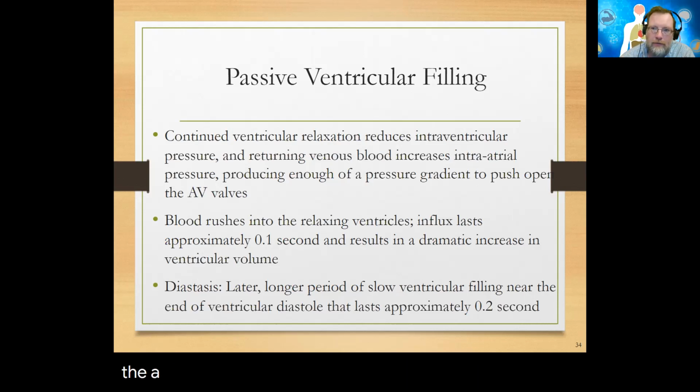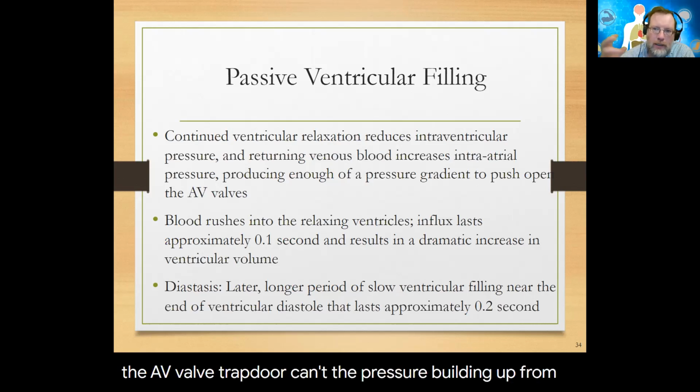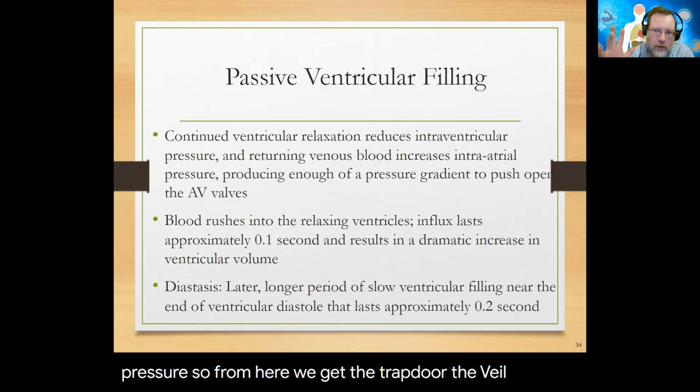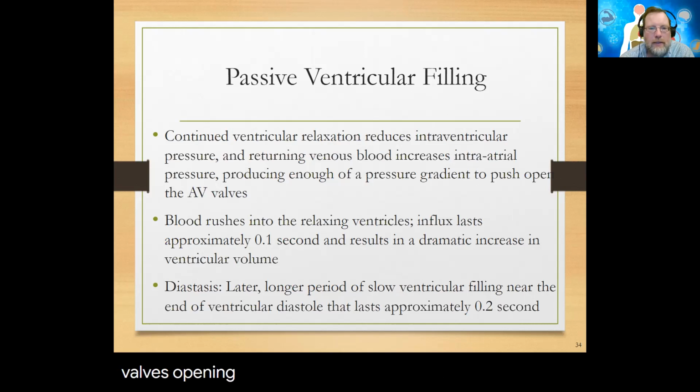The pressure building up from the blood entering the atria is higher than the pressure in the ventricles. Fluid moves from high pressure to lower pressure, so the trap door opens. That's going to cause blood to go into the ventricles in a passive manner.